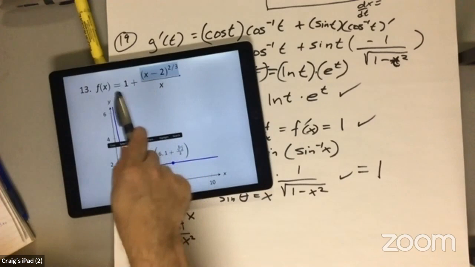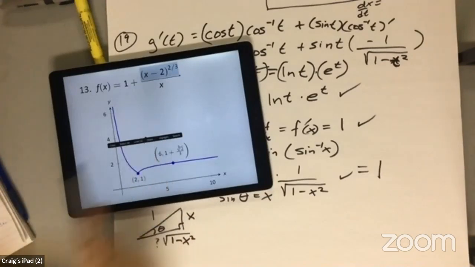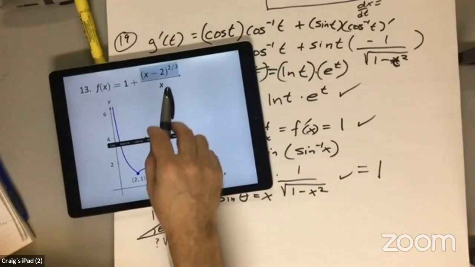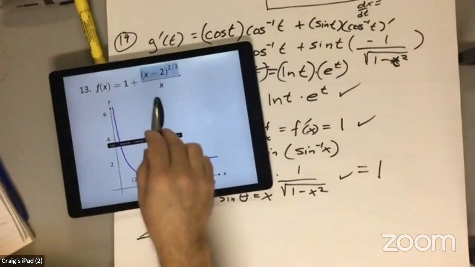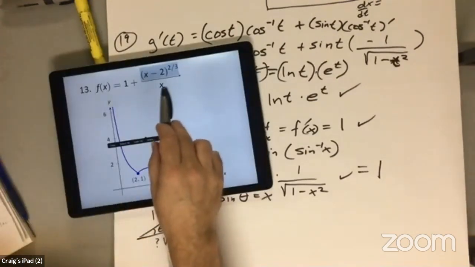So once I get large enough, maybe the 1 will actually keep it small. No. Near x equals 0, when I divide by something really, really small, it becomes really, really large, but it's going to be negative.